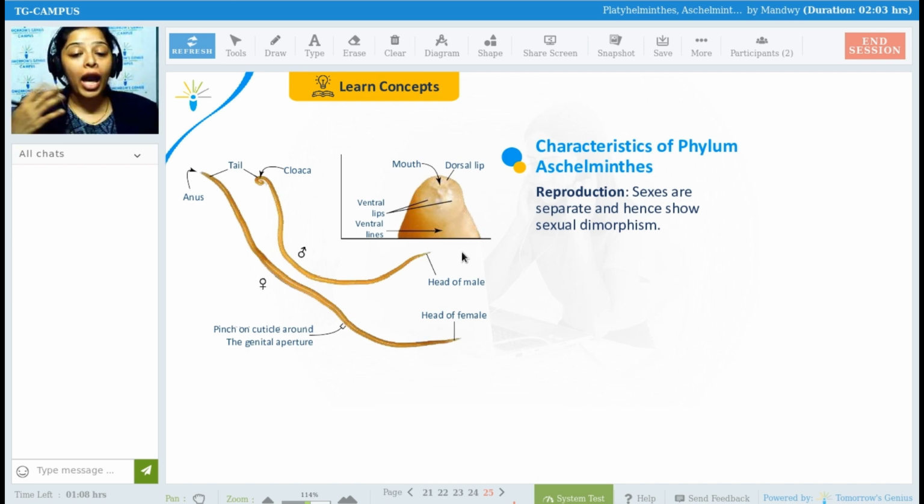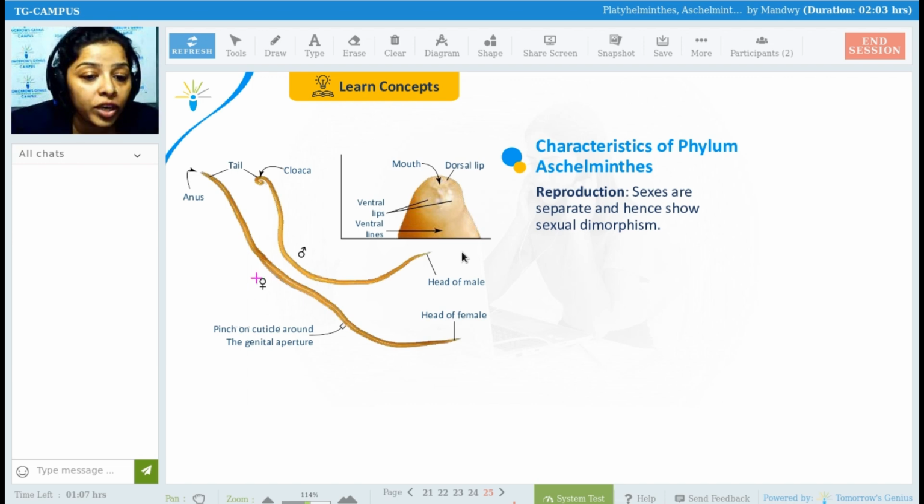If we are able to identify the male and female because of the morphology, we use the term sexual dimorphism, two different morphology. Clear? Okay, now let's see what kind of differences are there.